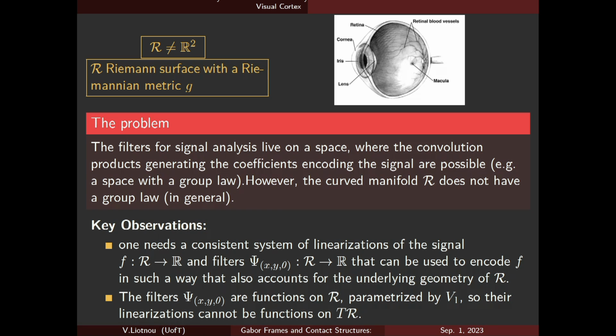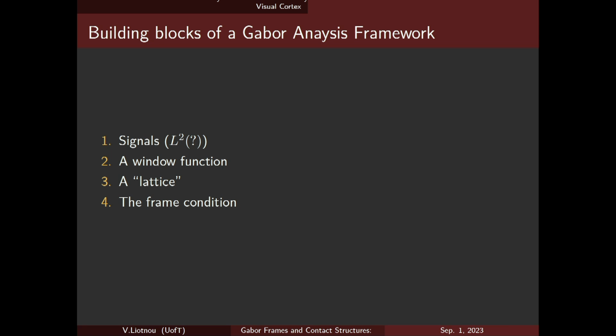If they were functions on the tangent bundle of the retina, they would be only parameterized by position. We need 4 building blocks to complete the framework. 1, to define an appropriate L2 space for the signal, a window function, a generalized version of a regular lattice, and finally a frame condition.